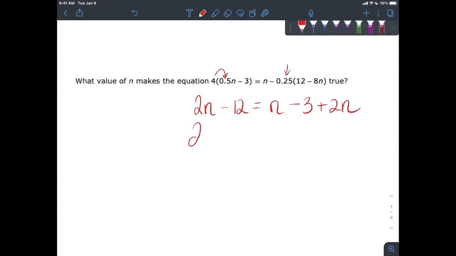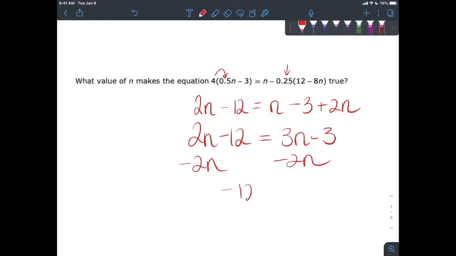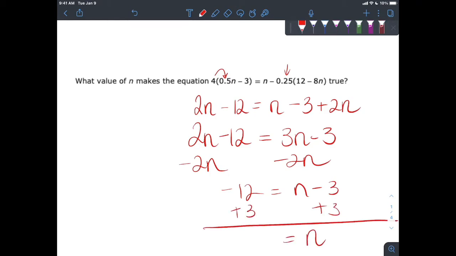Now I can combine like terms. Now I'm going to get all of my n's together. Now I'm going to add 3 to both sides. And I end up with n equals -9.